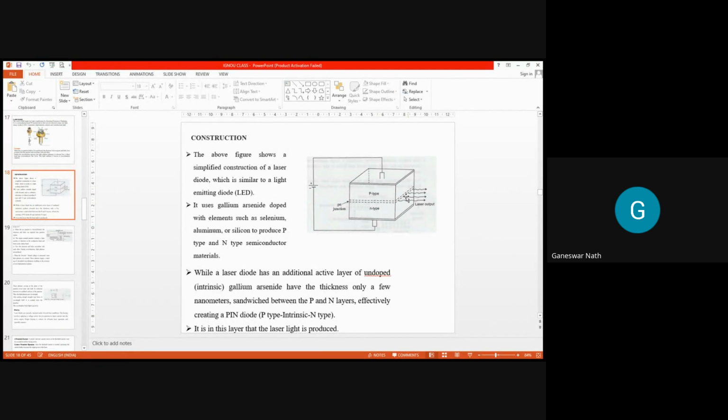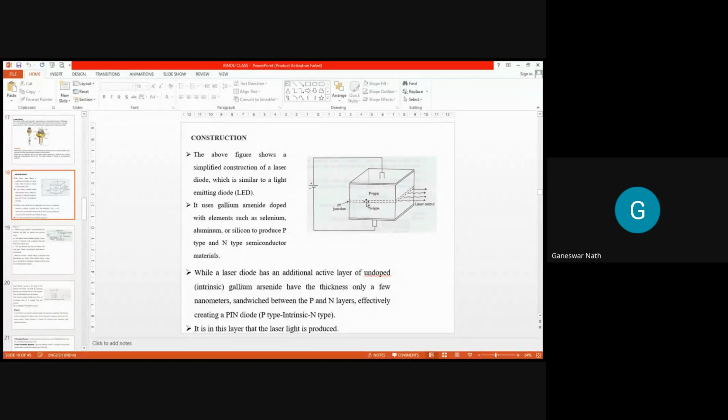You can see this dotted line is the intrinsic gallium arsenide layer, sandwiched between the P type and N type layers. So this is the construction point of view, and in this layer the laser is produced.